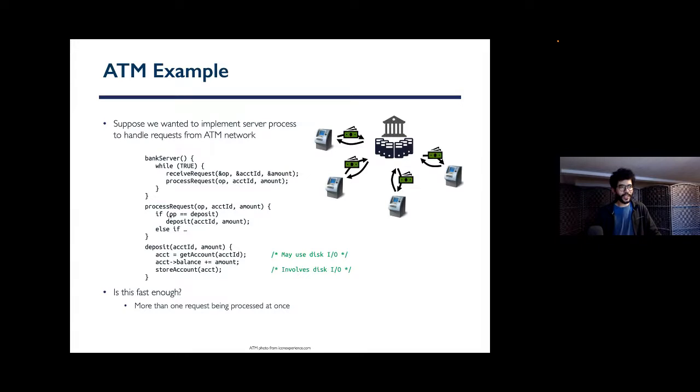You don't really want to sequentially go through all the requests, because you might get thousands or hundreds of thousands of requests per second. And you don't want to wait for I/O and stuff for each one of them, right? So what do we do? Well, maybe we should speed this up using the multi-threading methods that we saw in the previous lecture. Maybe we should use threads.